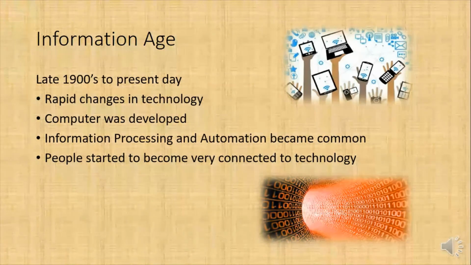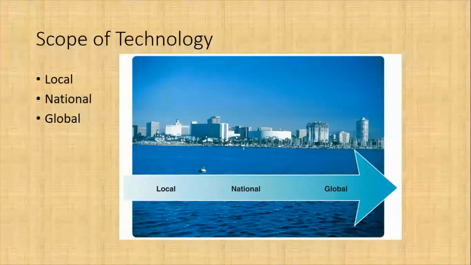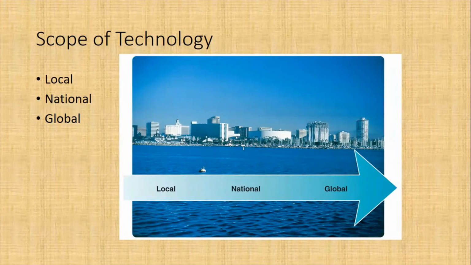So computers, cell phones, watches, clothes, lights, air conditioning, heat. All these different things we humans have become very connected to. All right, so that's the end of the Information Age.